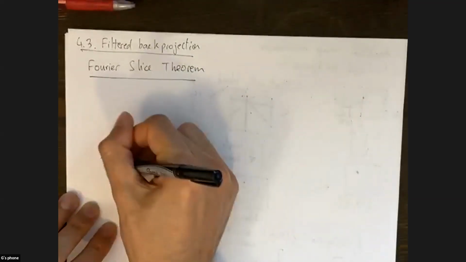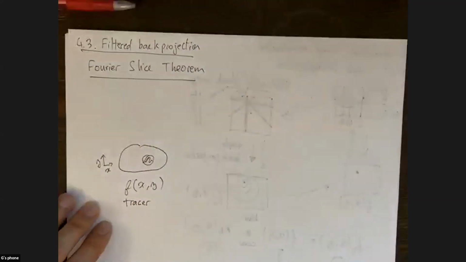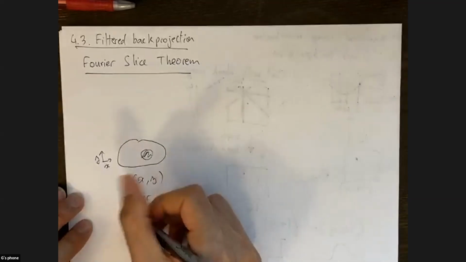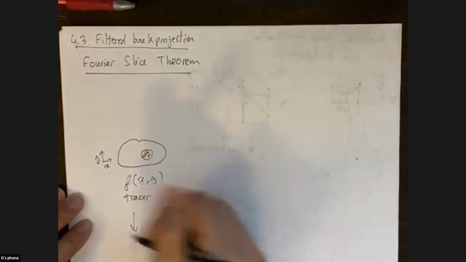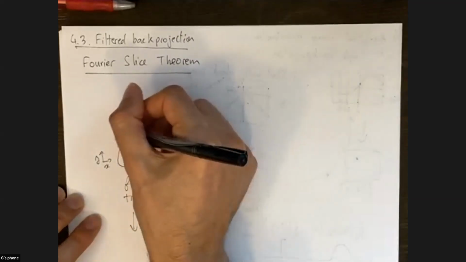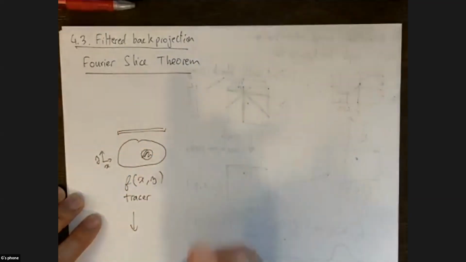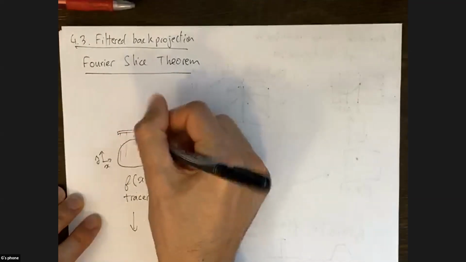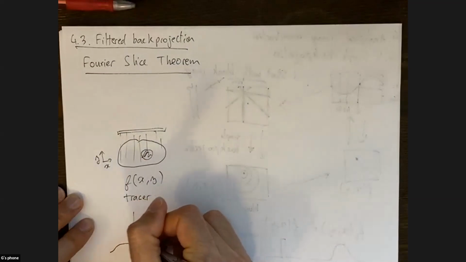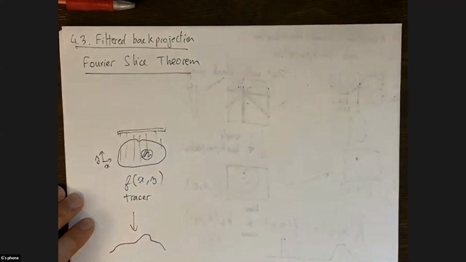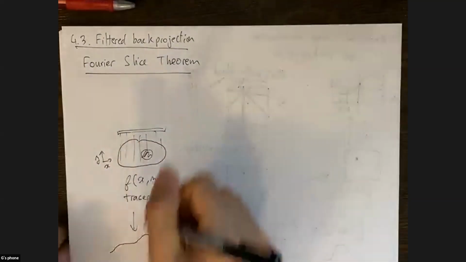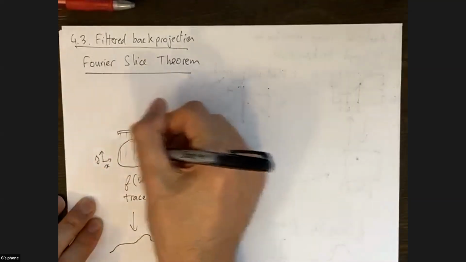As usual, we have x and y. Then I'm going to show you an example here. What happens if we take a projection of this tracer distribution like this? So we're getting a projection of it like this.